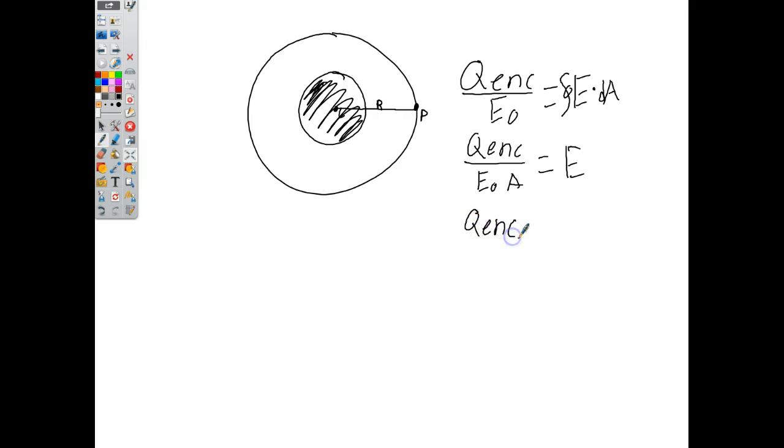You need to drop the enclosed and use their Q. I think it's R from the center, isn't it? R to the right of the sphere center, from point C, which is the center. Okay, you need to use their R, which is a capital R. Don't lose points for that.